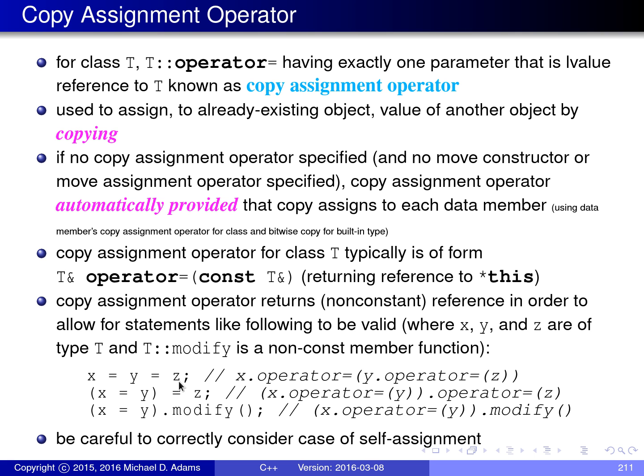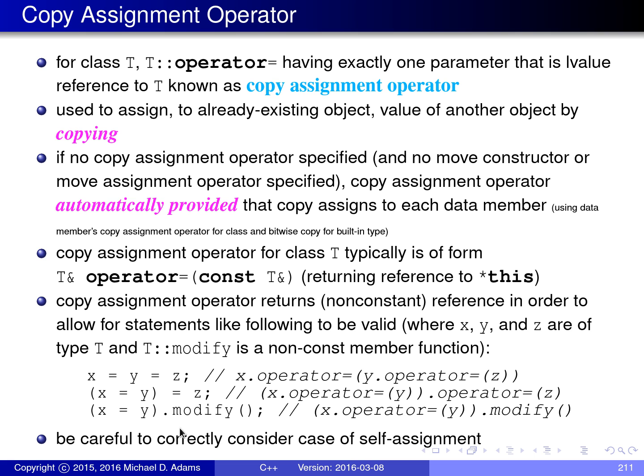And in fact, this is what it will do. And the reason why this works is because we're returning an L value reference type for the return value, an L value reference to T. And in particular, the return value is just returning a reference to this. And this allows these assignments to be chained, for example, and allows other similar sorts of constructs.